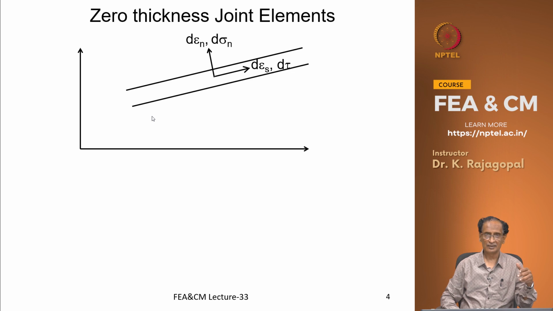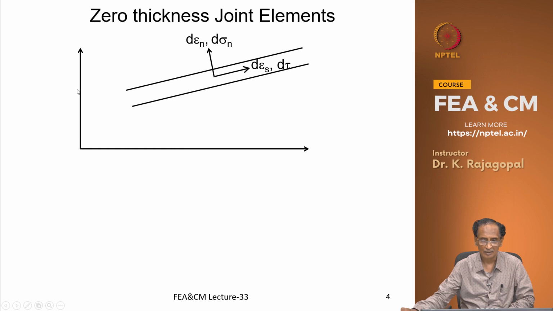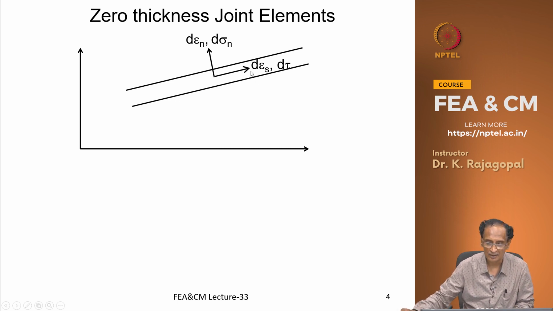And in this class, let us derive the elastoplastic constitutive matrix for the zero thickness joint element. This we had seen earlier long back. Let us say that we have a joint element like this that has a zero thickness, and there are only two strains and two stresses.